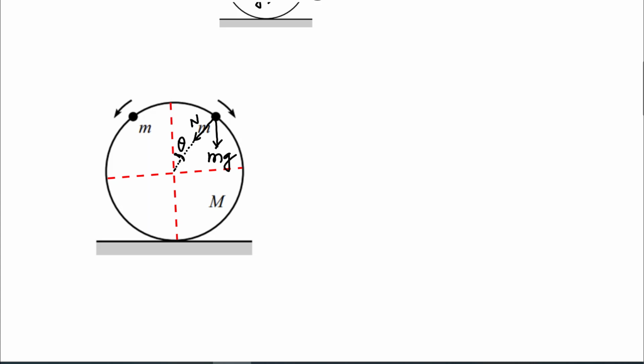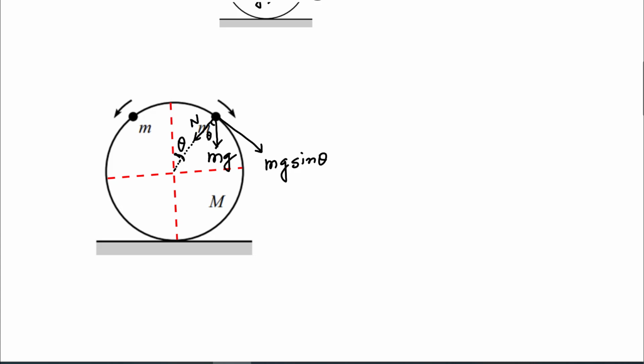Now this angle is theta, so this angle is also theta, so we can write in this direction this force will be mg sin theta, and in this direction we will have mg cos theta. So now let us write the equation of motion.